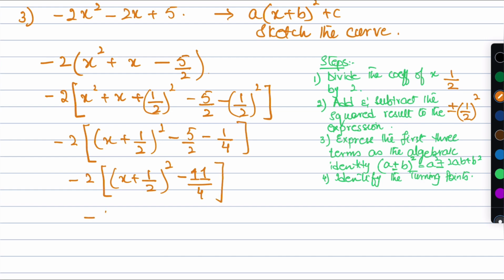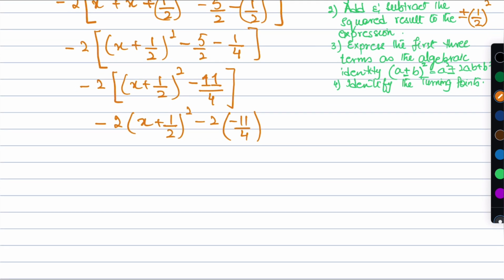Solving it further, I can say it's minus 2 multiplied by the square bracket, and minus 2 also multiplied by negative 11 by 4. So now I'm getting the completed squared form, which is negative 2 bracket x plus 1 by 2 the whole squared plus 11 by 2 here. So this is my completed squared form for the expression that we have.